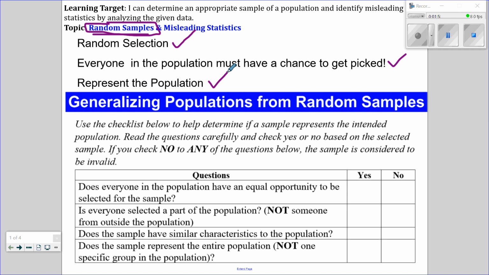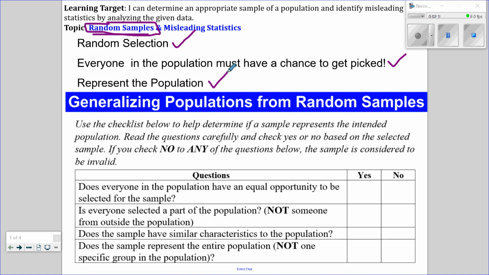You want to survey people similar to the whole school, so your sample has some boys, some girls, some sixth graders, seventh graders, eighth graders. Your sample has to represent that population.